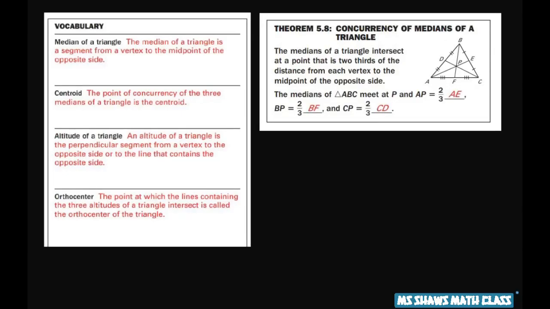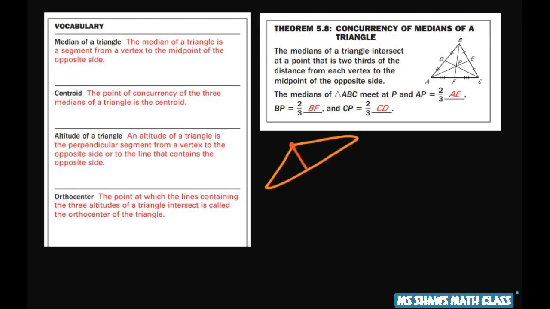So here's our vocabulary. The median of a triangle is a segment from the vertex to the midpoint of the opposite side. So we can have some triangle, and the median would be something like that.